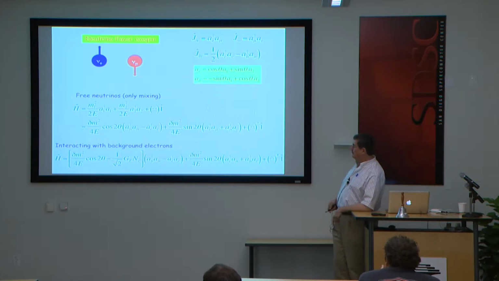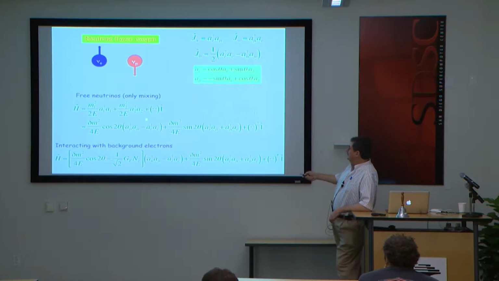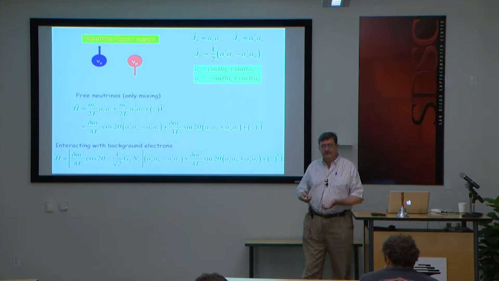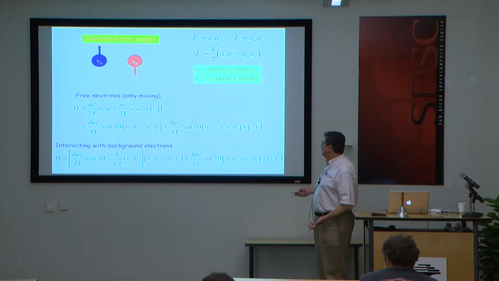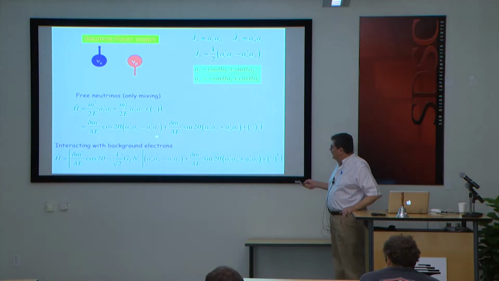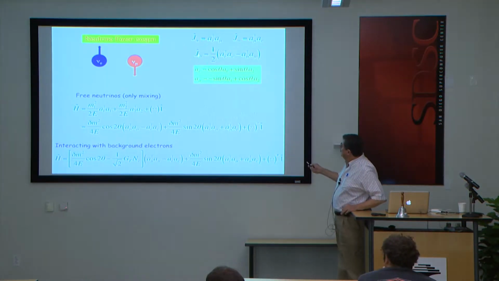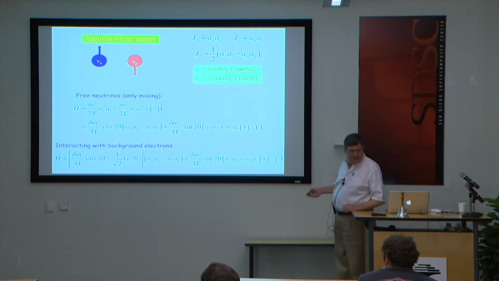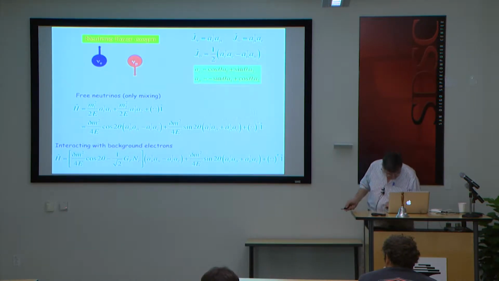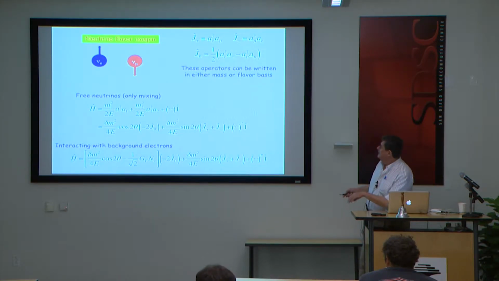It's kind of straightforward. The same Hamiltonian you can easily write down in the flavor space using this transformation. If you do that, you get this particular expression. Now, of course, this is not surprising. I can rewrite these operators in terms of creation annihilation operators, and let me do that.